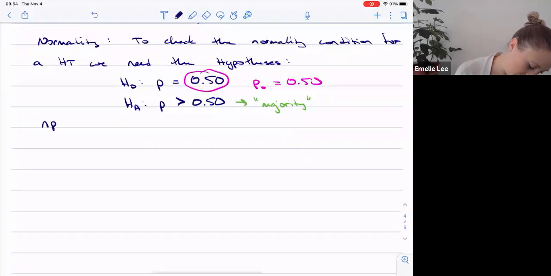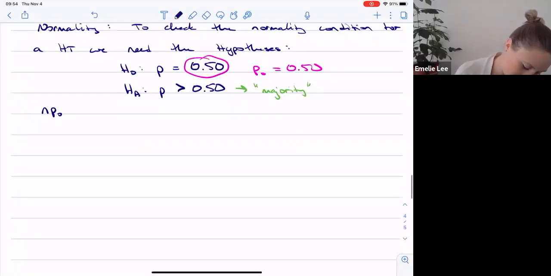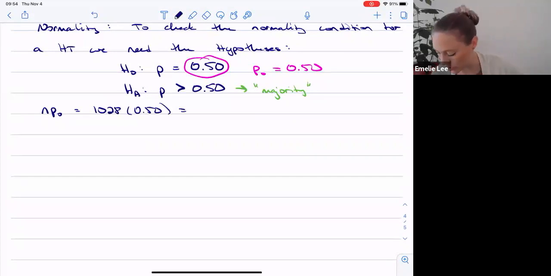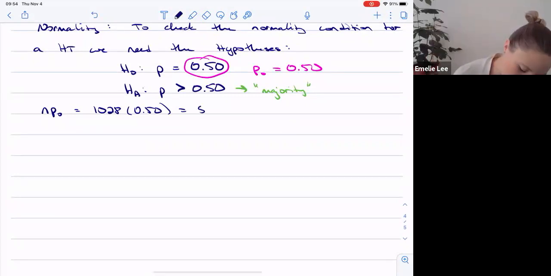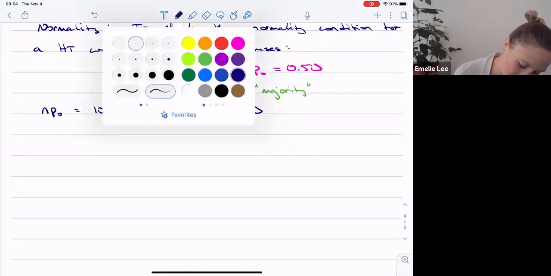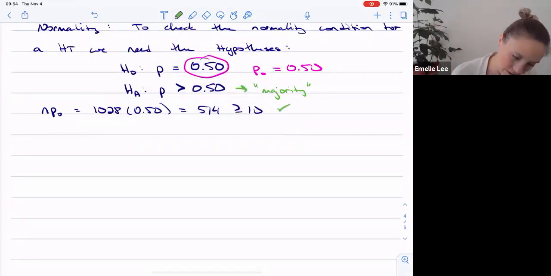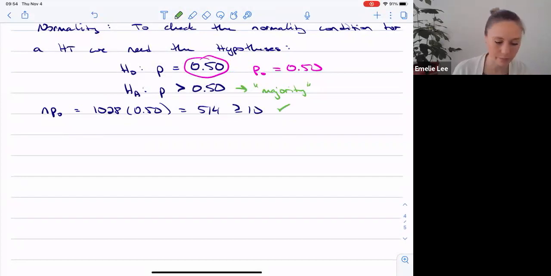So from here, we need to check our assumptions. So N times P naught, which is 1,028 times 0.50, which is just half of that. 1,028 times 0.5 is 514, which is greater than or equal to 10. So I'm going to do a little green check mark here.